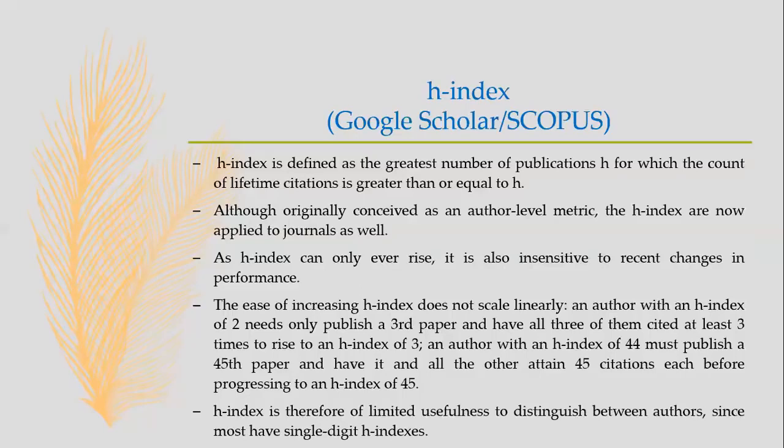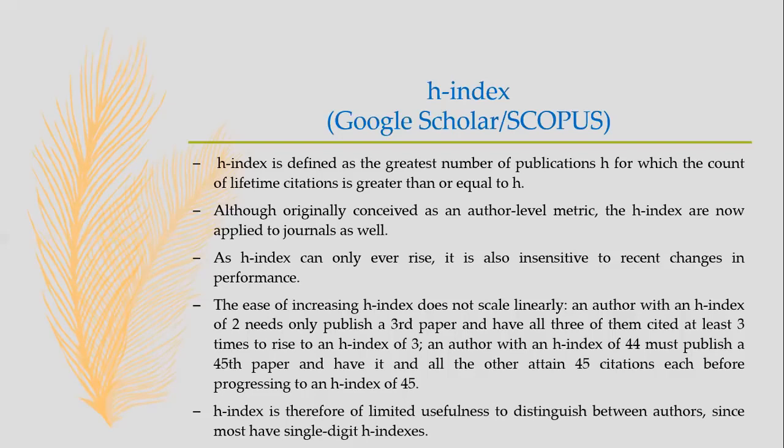So in this regard, you can see that the H index doesn't increase linearly. What I mean to say is that if you want to improve your H index from 2 to 3, and you already have 2 papers, you need to publish one more paper, and in all the 3 papers you need to have at least 3 citations. But if you want to improve your H index from 44 to 45, you will have to publish one more paper.